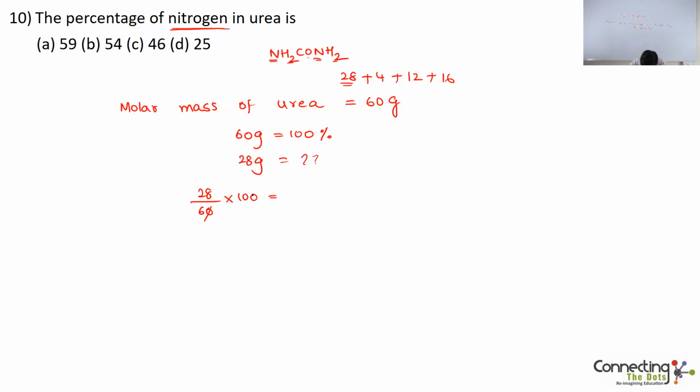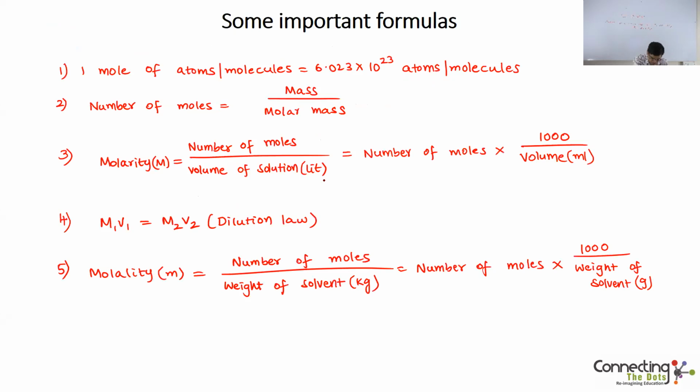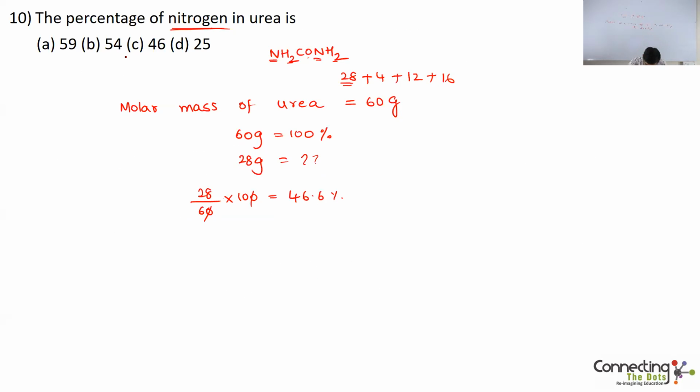Let us calculate. It will be 280 by 6. 280 divided by 6, I'm getting 46.6% approximately. So the nearest answer could be C, 46.